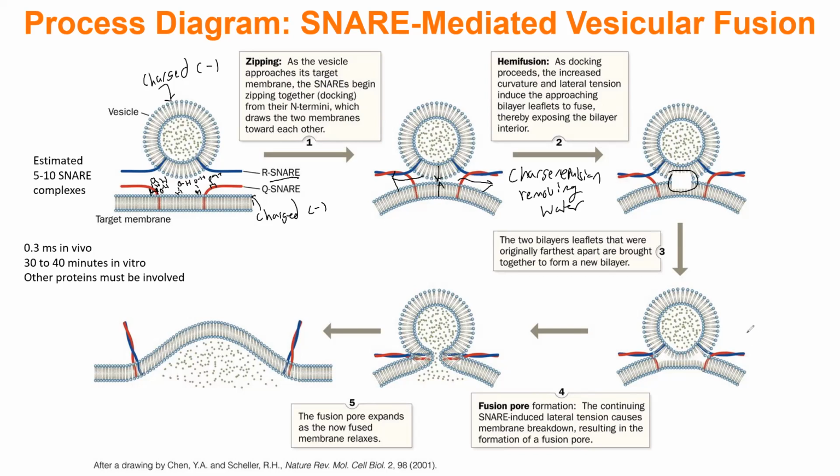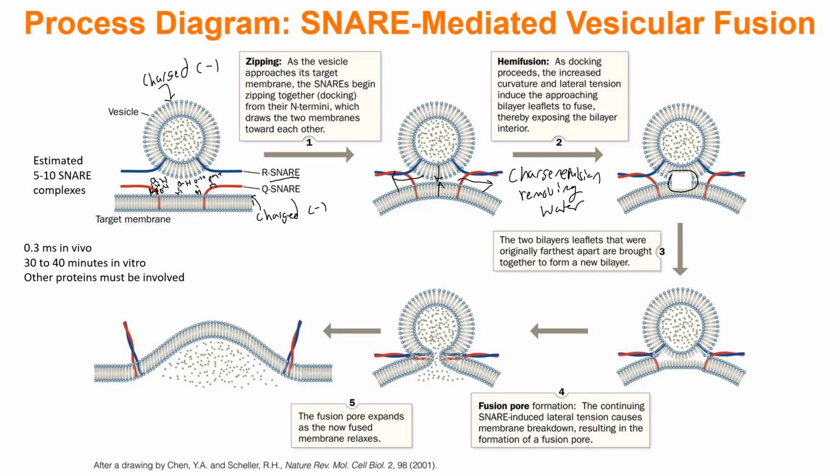Our SNAREs continue to twist and twist until, as shown in this image in the middle bottom, our vesicle is now part of the membrane. They are one continuous membrane.